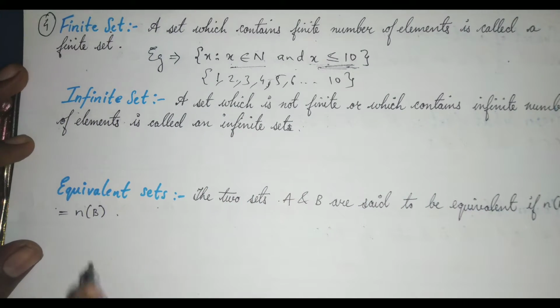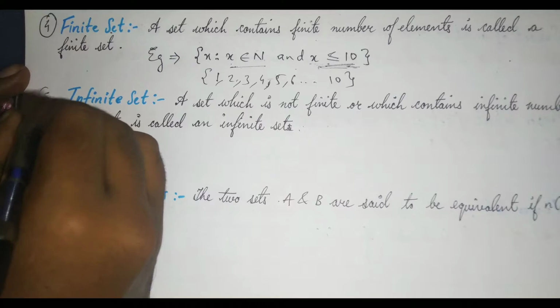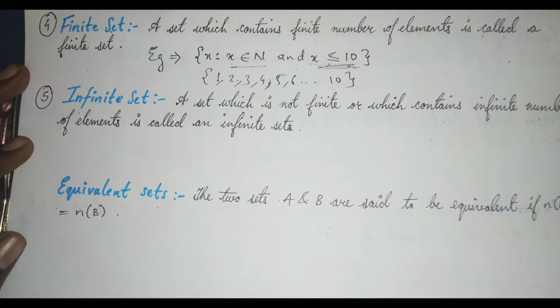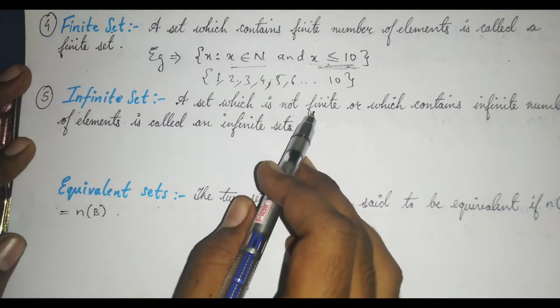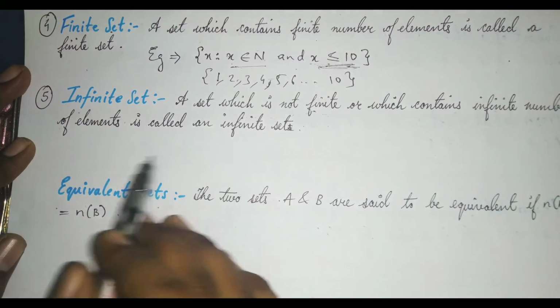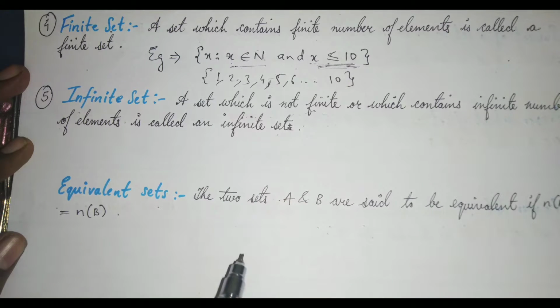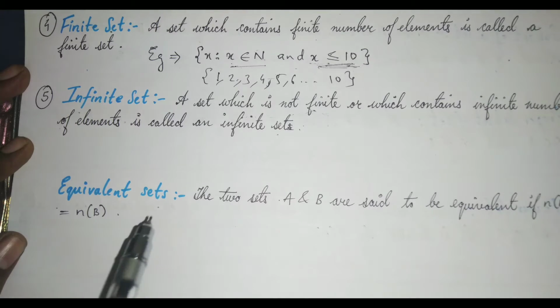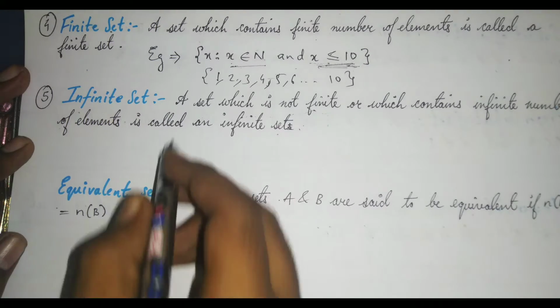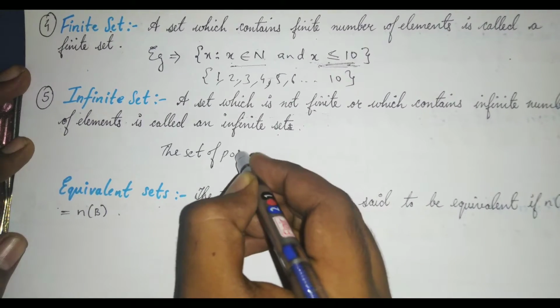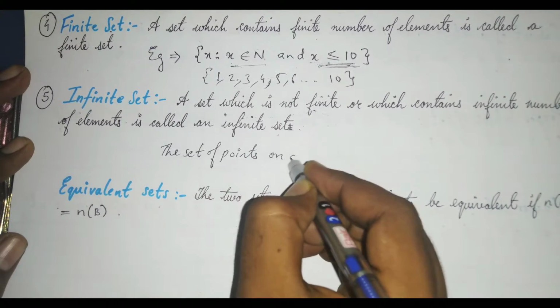Moving on to the next set, that is the infinite set. In this, basically you cannot count. A set which is not finite, or which contains an infinite number of elements, is called an infinite set. If I write the set of natural numbers, it is an infinite set, as are the whole numbers and rational numbers. Or I can write the set of points on a line.